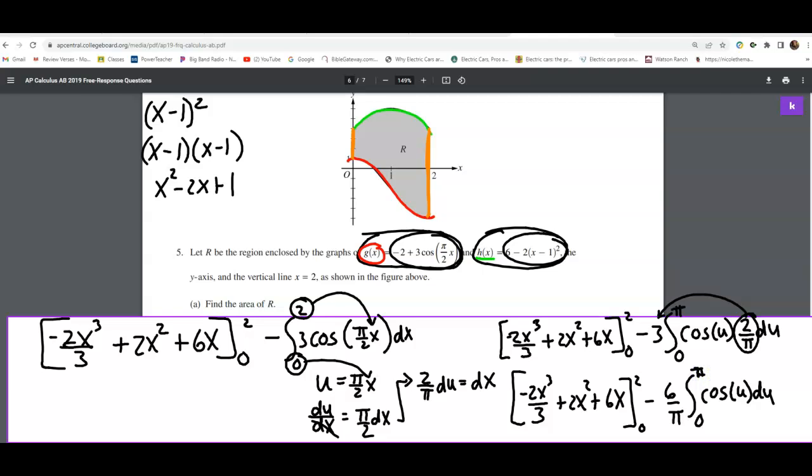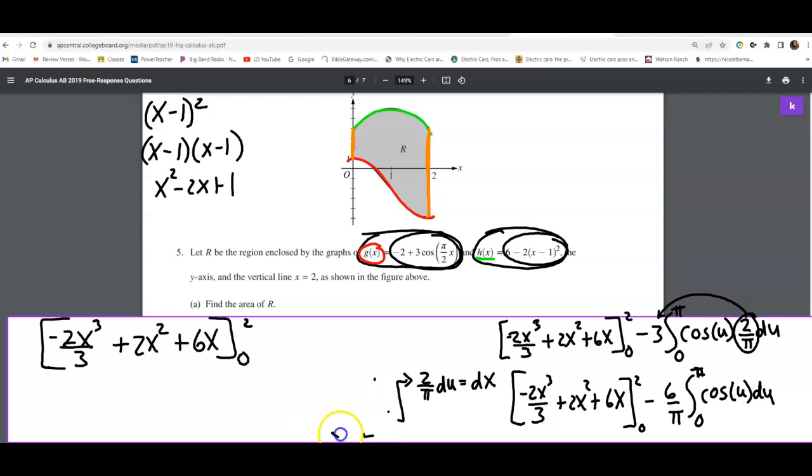So don't forget, when you do u substitution with a definite integral, you need to change your limits also. Okay, so the integral of cosine is sine.